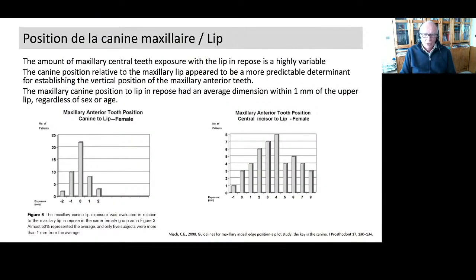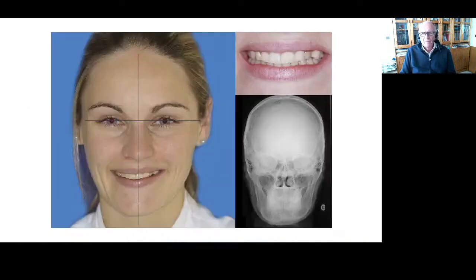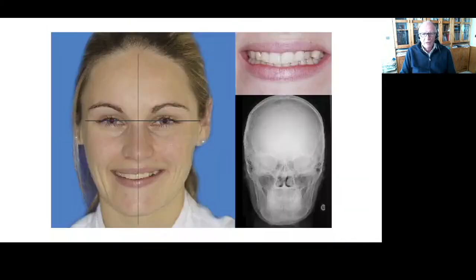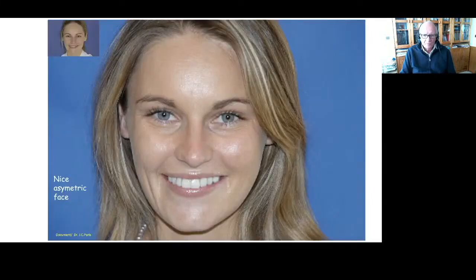I am not only interested in the position of the free edge of the maxillary incisor, I am also interested in the position of the canine, the relative position of the tip of the canine with the lip. The interesting things are asymmetric cases.